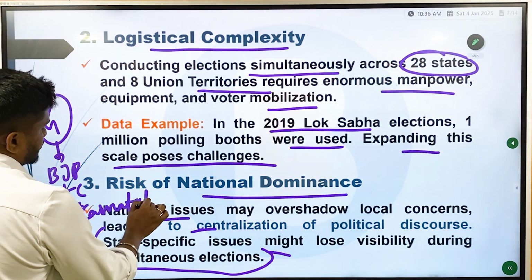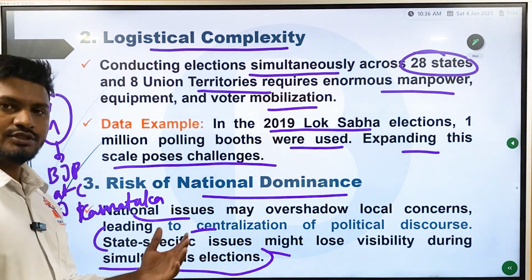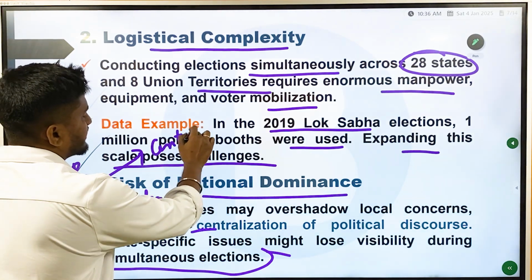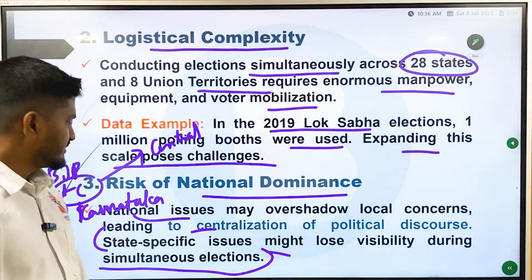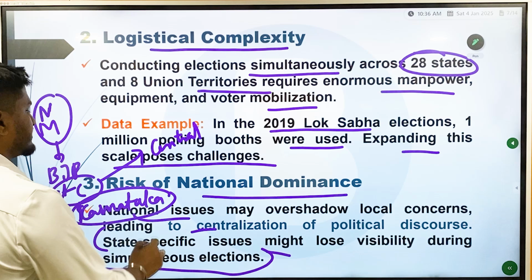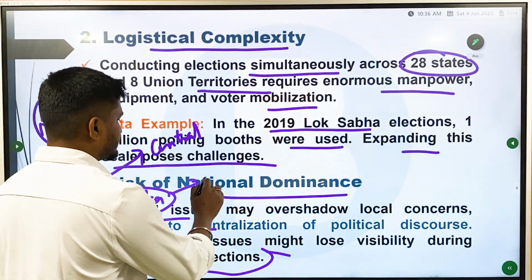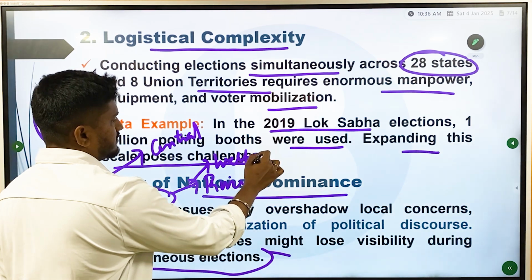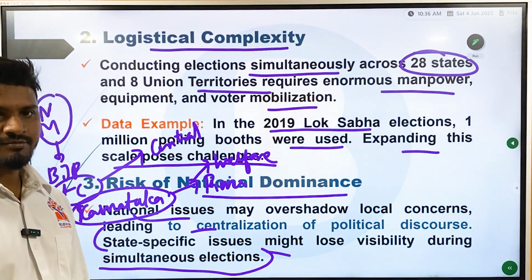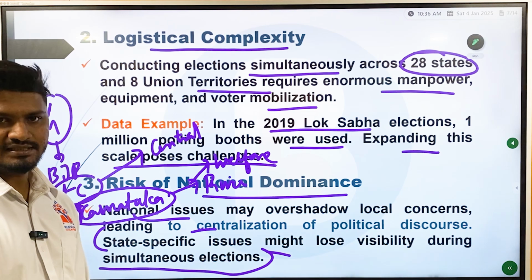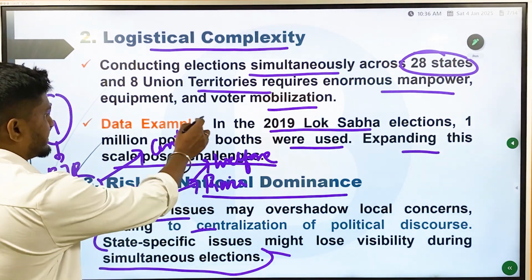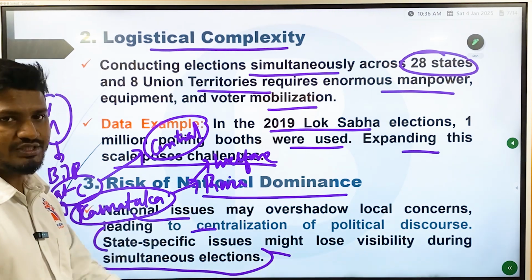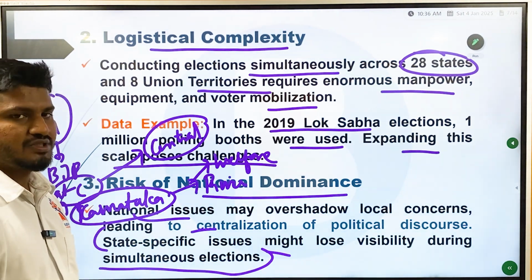Okay, suppose Karnataka. There are certain issues which are important at the central level, such as security, terrorism, etc. There are certain issues which are important at the state level, such as river disputes, welfare, planning, development, etc. If there are simultaneous elections, most probably the central issues such as defense, security, etc., are going to overshadow the local issues, the state issues.